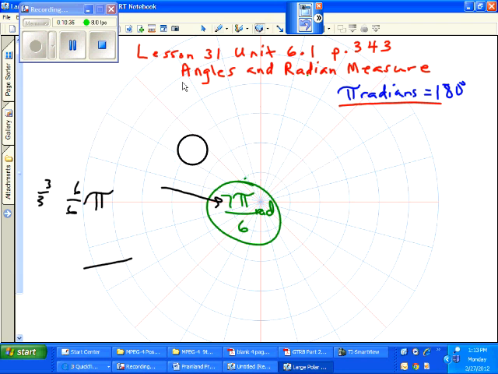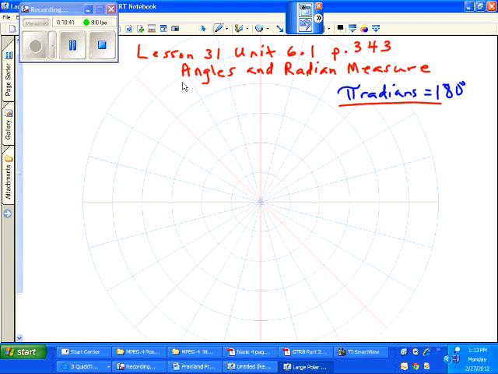Example 2. Number 2, we have negative 450 degrees. We're trying to go from degree to radian. So we need to multiply such that we lose the name degrees and gain the name radians. And then all we need is our conversion. Pi radians is 180 degrees.